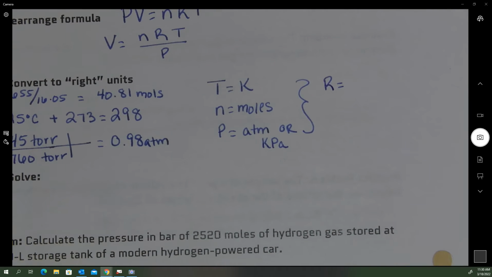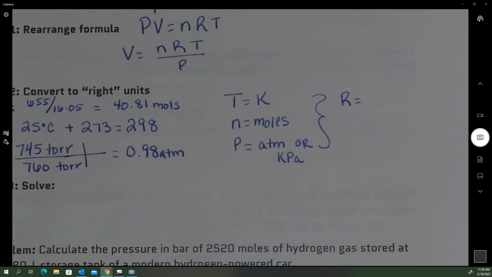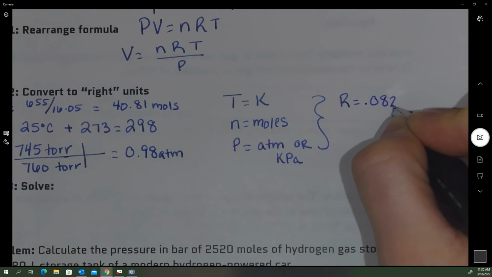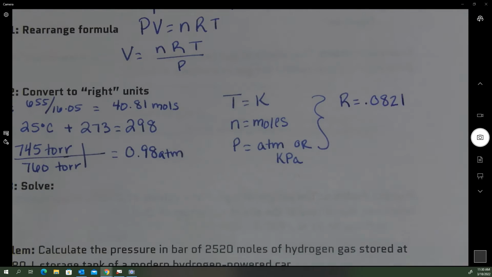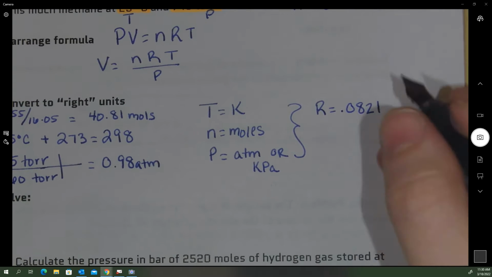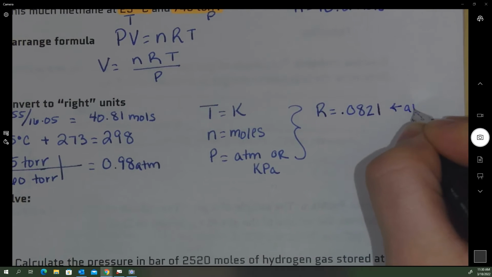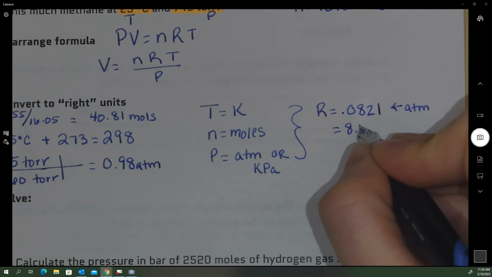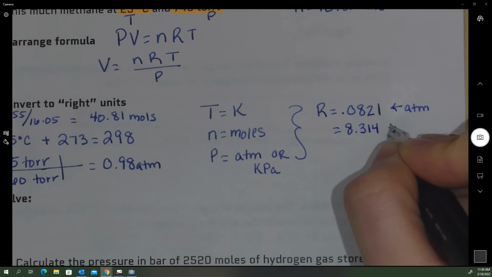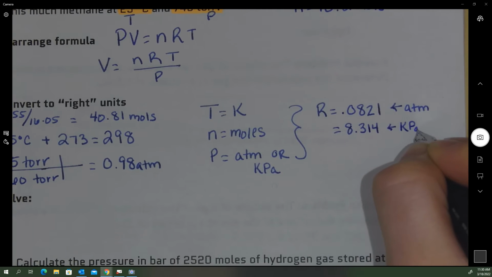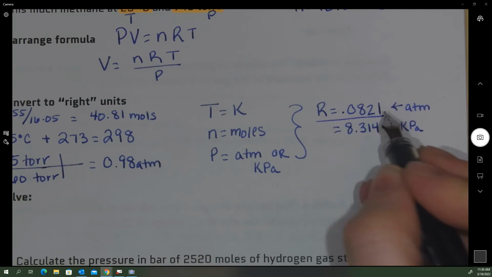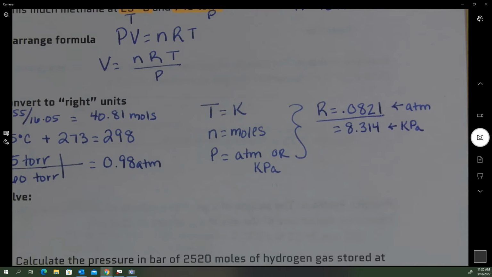Our first R value, from our previous page, was 0.0821, and that was when we're working with ATM. Our other R value was 8.314, and that was when we're working with kPa. We are working with ATM, so we are going to use the R value of 0.0821.